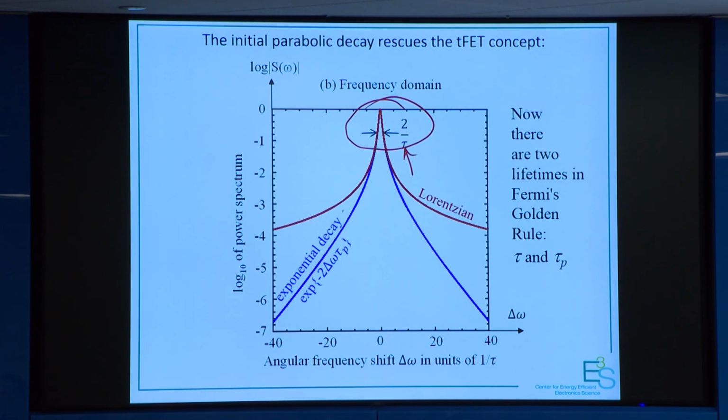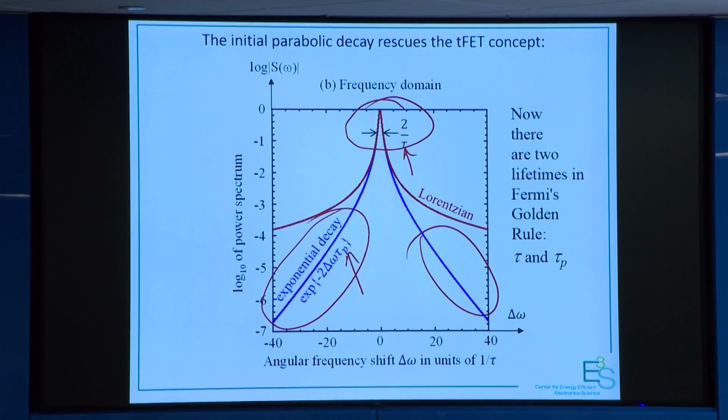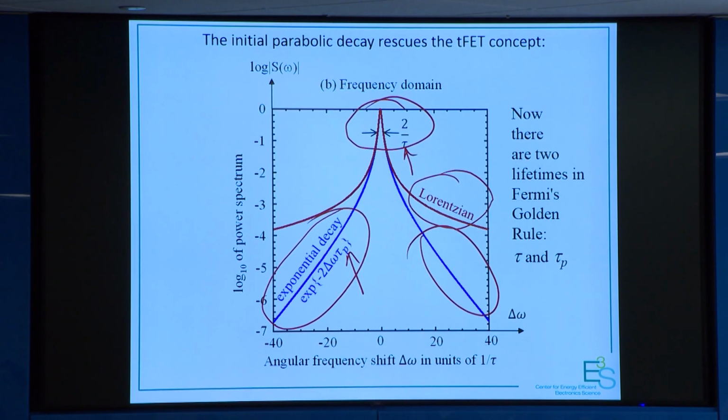And so way out in the tail of the spectrum, where nobody ever looks, that little induction time gives you that steep fall off that we're looking for. So Lorentzian is bad, but the blue curve includes that initial parabolic behavior.